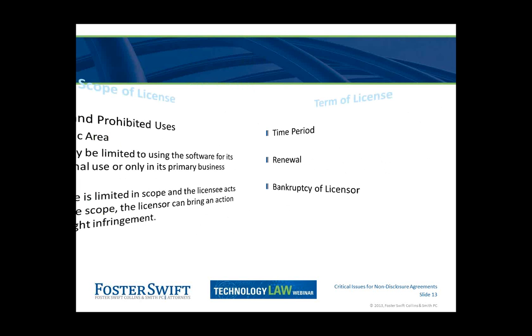And that goes to the time period or the term, usually beginning on what's referred to in the contract as the effective date, capital E and capital D. And then the renewal. You should address the renewal as a user when you're acquiring software. How long do I get to use this?